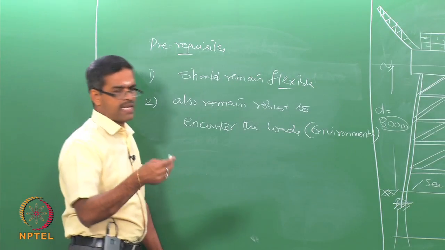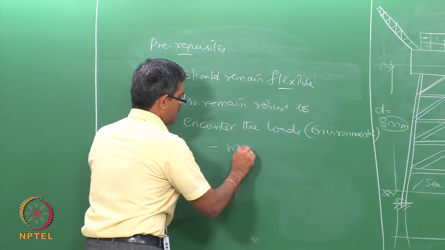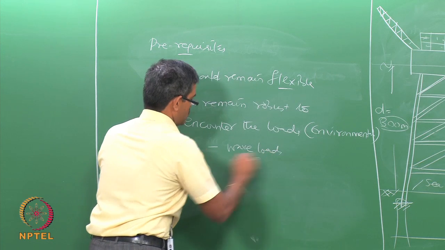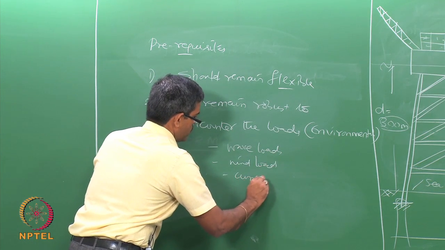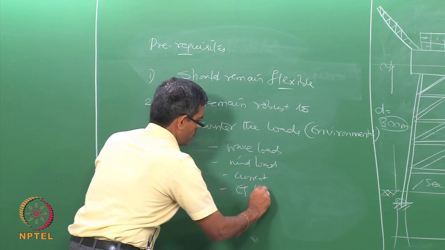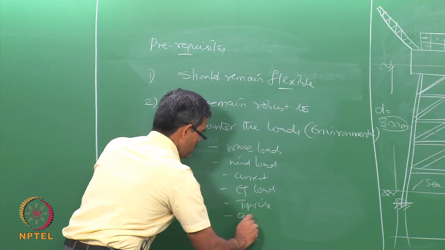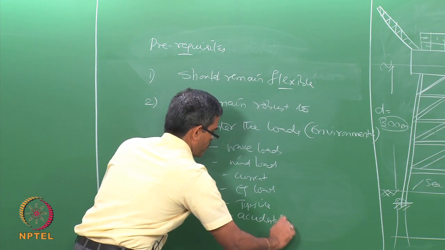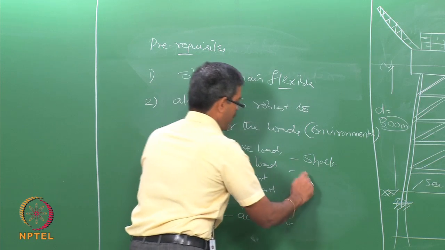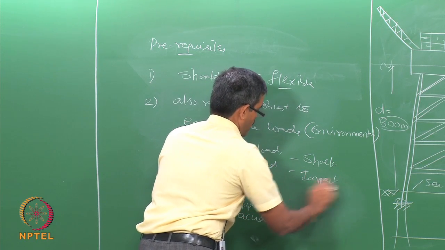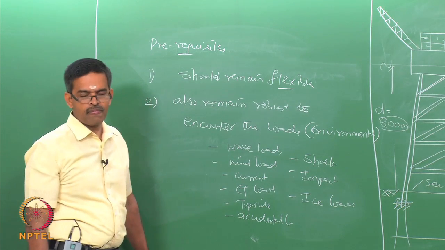I can give classical examples in detail later, but for your understanding, essentially and predominantly wave loads, wind loads, current loads, earthquake loads, topside loads, accidental loads, shock loads, impact loads, ice loads, we can keep on adding to the list.